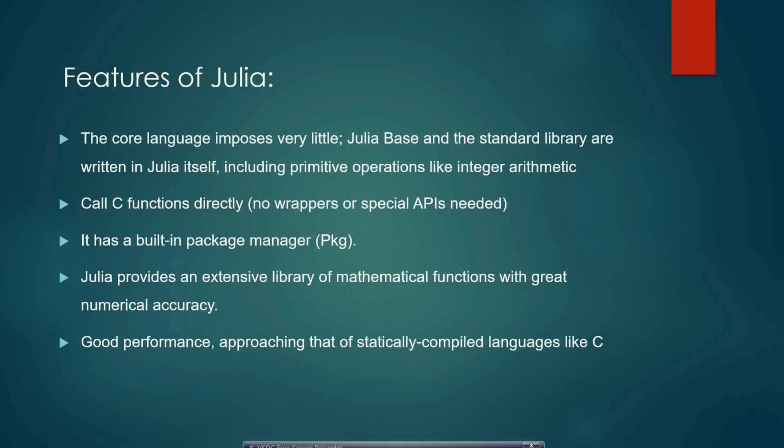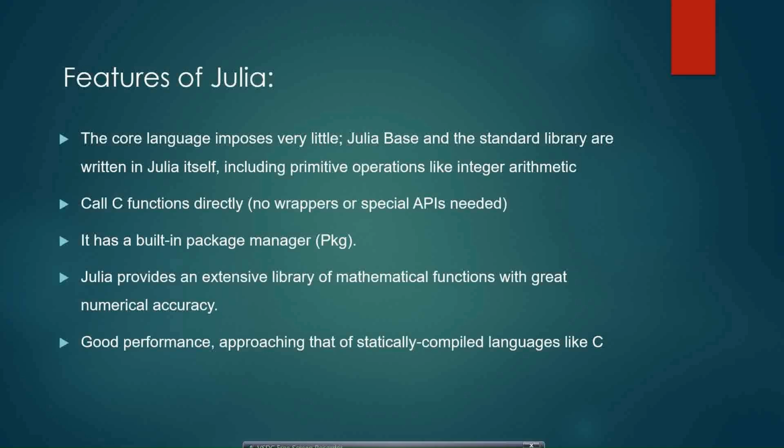So talking about the other features of Julia, the core language imposes very little. Julia base and standard library are written in Julia itself, including primitive operations like integer arithmetic and everything. So it means that you don't have to focus a lot on the semantics and rules of Julia because there are not a lot of them.